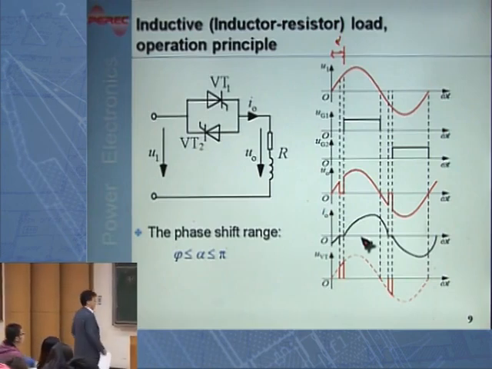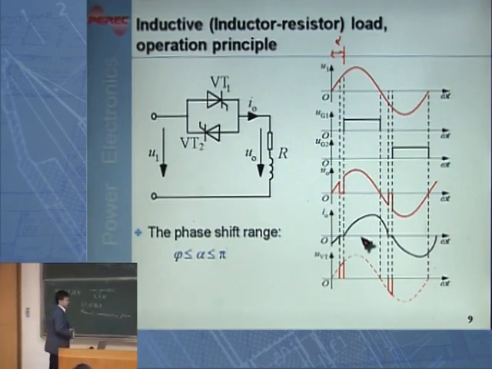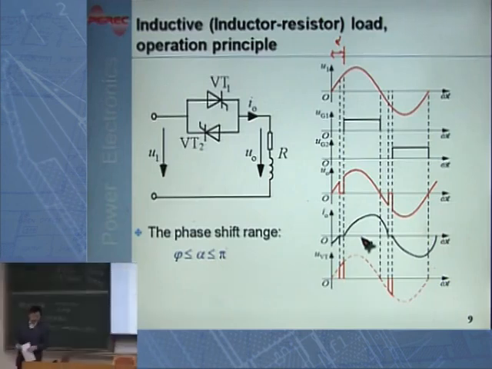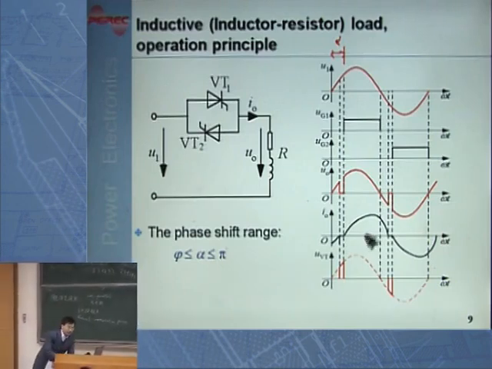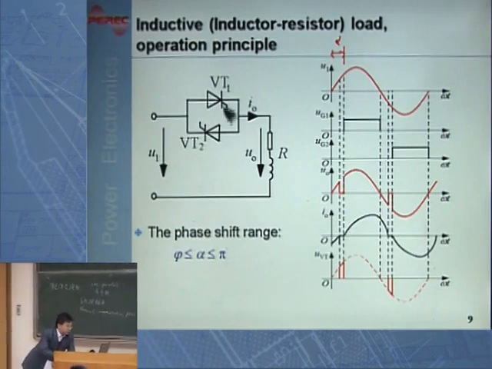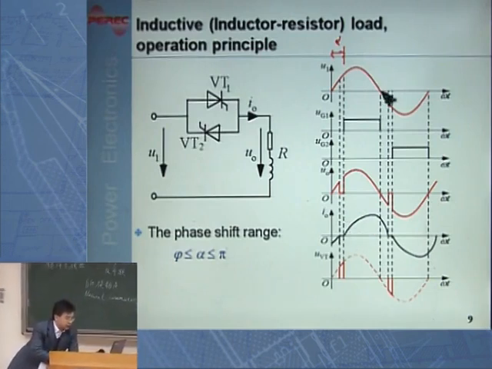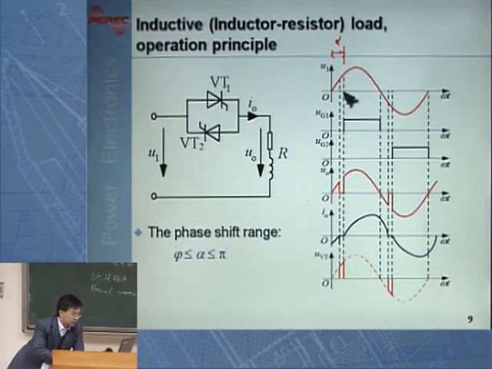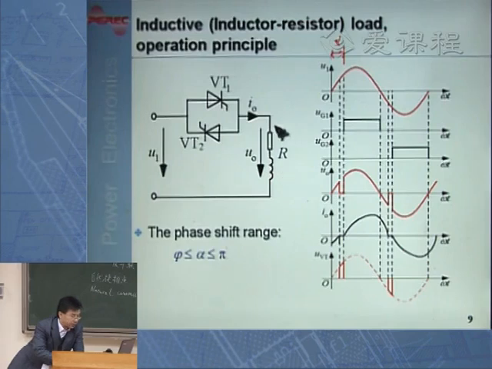And if you think about the physical process, you can understand that when VT1 is conducting and the input voltage is positive, between this point and this point, UO is positive, therefore you are applying a positive voltage across the load.